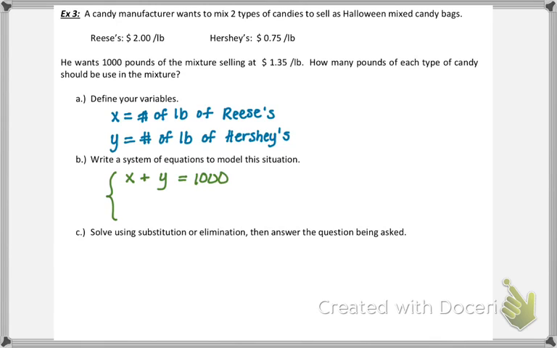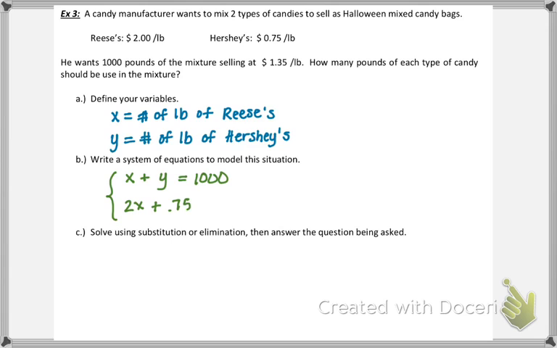The second equation, what else besides amount do they give me? They give me some prices, right? So how much all of the Reese's in the mixture cost would be $2 times however many pounds of Reese's we're mixing in. So $2 for 1 pound times however many pounds we're mixing in, plus we're also mixing in Hershey's, right?